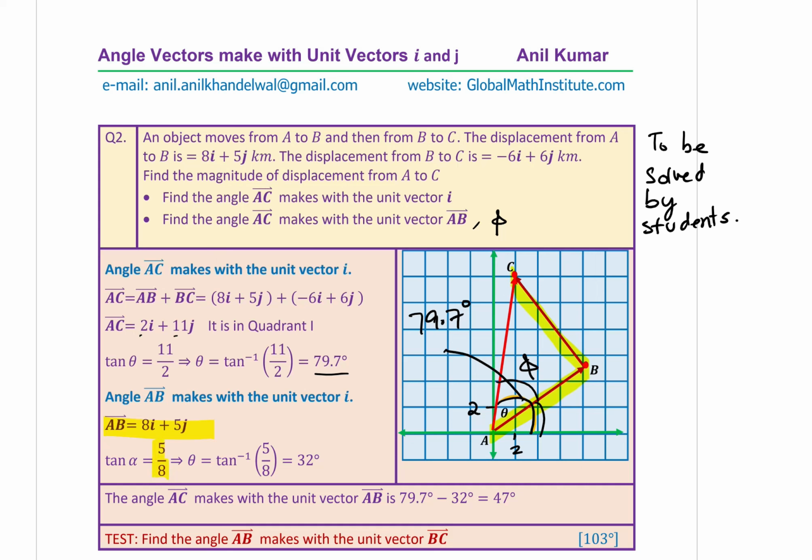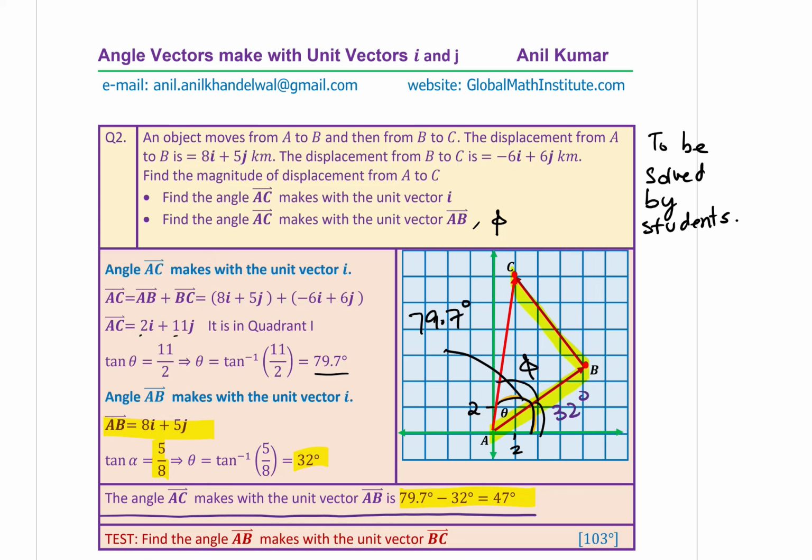So their ratio will give you this angle as 32 degrees, right? So we get this as 32 degrees. The difference of these two will give you the angle phi which we need. Correct? So the angle AC makes with unit vector AB will be the difference in these two values. So find the difference, you get the answer as 47 degrees.